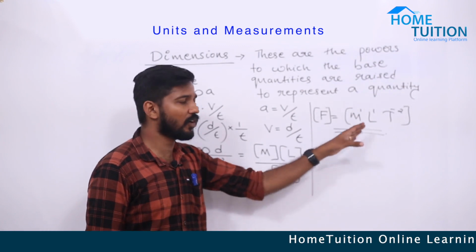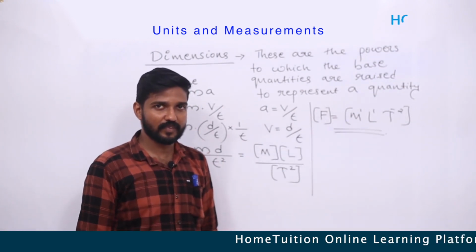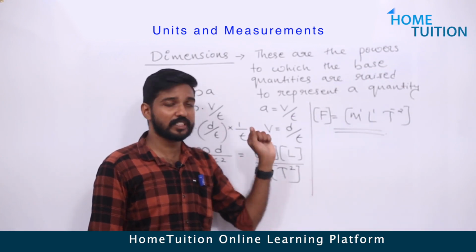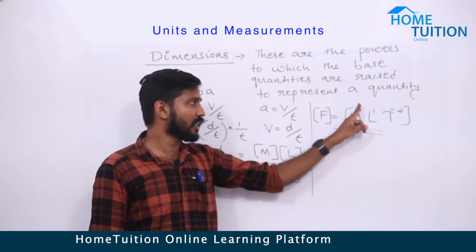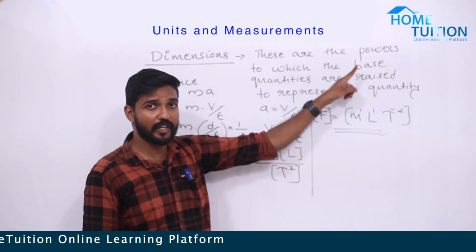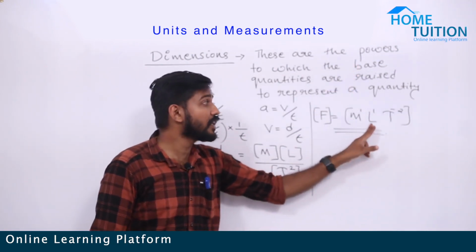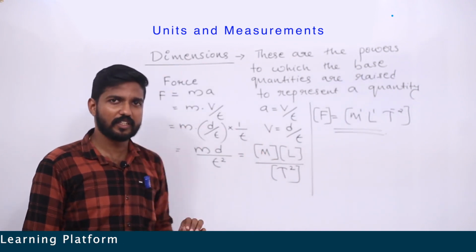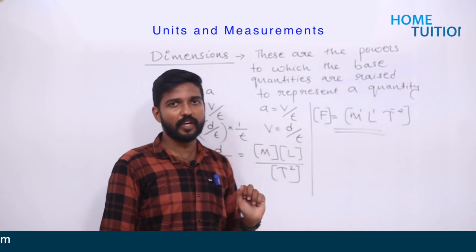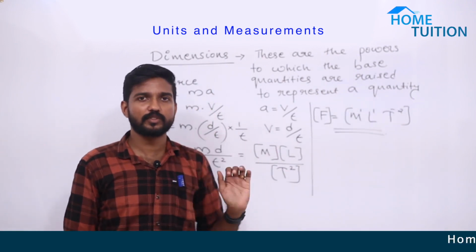So this is called dimensions. So what are the dimensions of force? M raised to 1, L raised to 1, T raised to minus 2, that is 1, 1, minus 2.